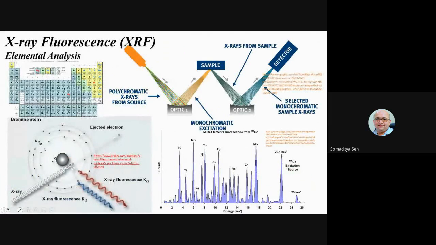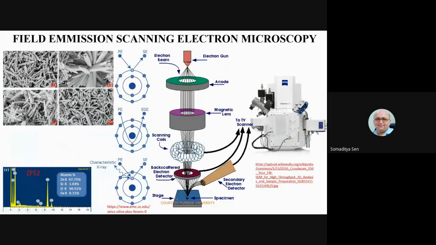Instead of an X-ray, here it is an electron of the same energy. The same work is being done by an electron. So there is a secondary electron detector which can detect this.